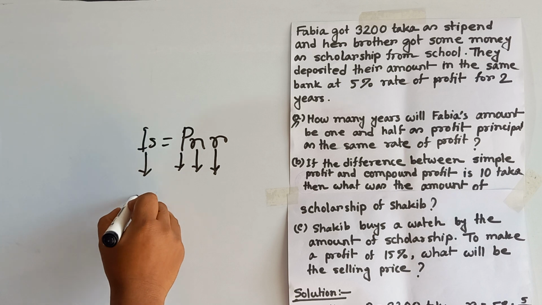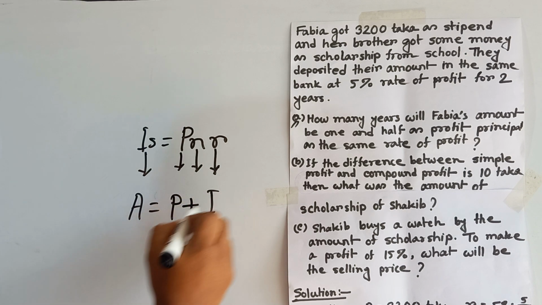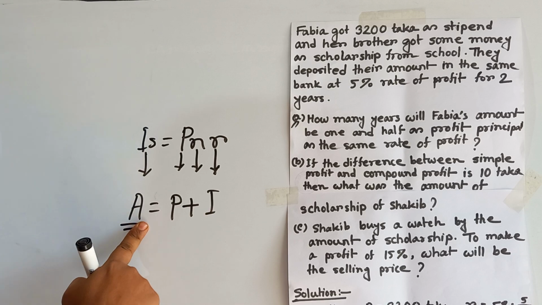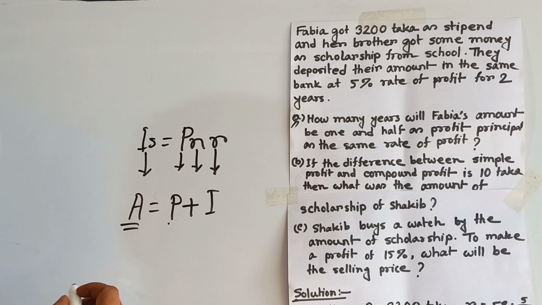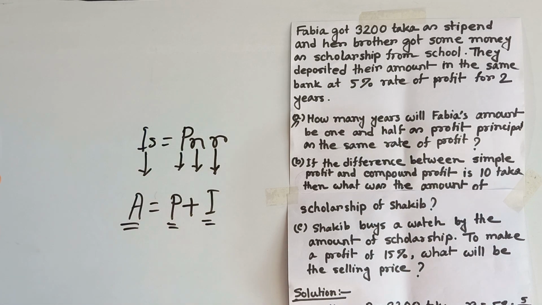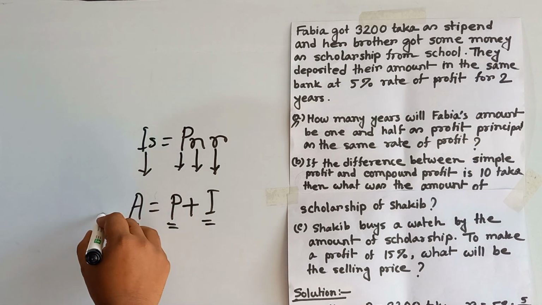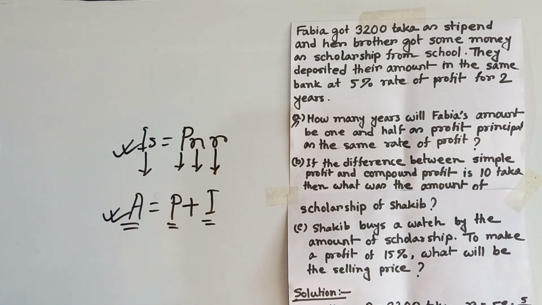What is A? A means P plus I, that means profit principal. How can we get profit principal? When we add principal with simple interest, then we get profit principal. My dear students, we use these two terms to solve question number A.